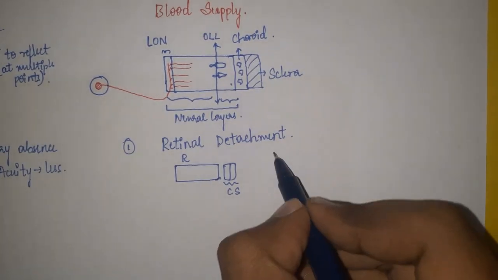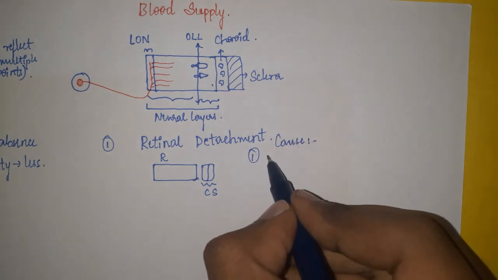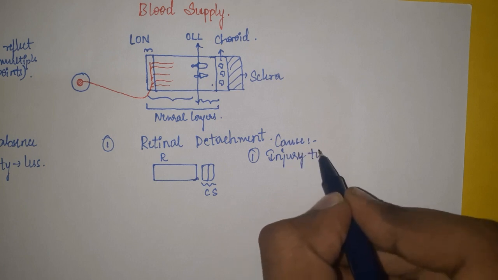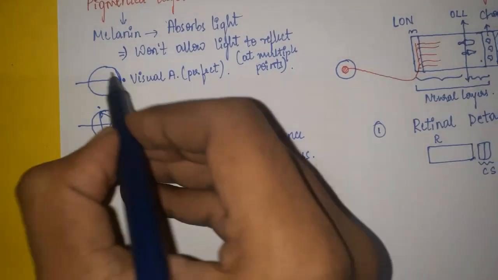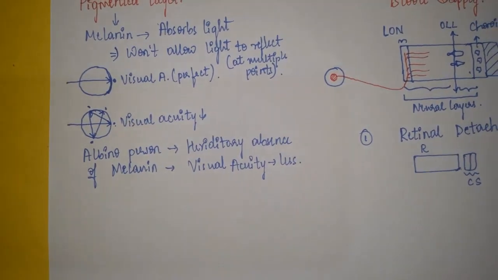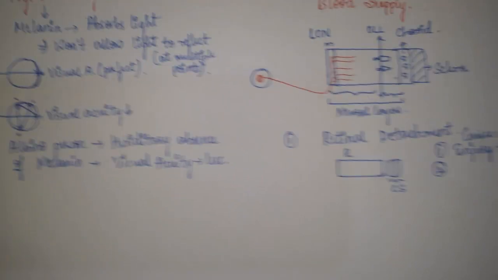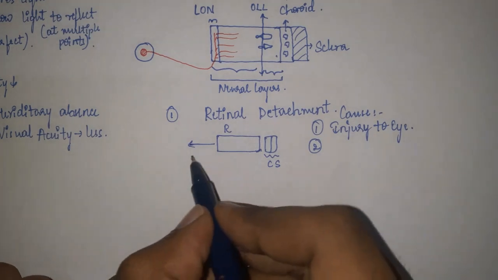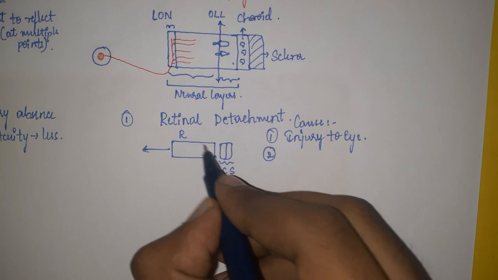What are the causes? One cause may be injury to the eye in accidents like that. Another one: this is the retina, and this is the vitreous humor. Inside the vitreous humor there are fine collagenous fibrils. Contraction of those fibrils causes an inward pull of the retina.